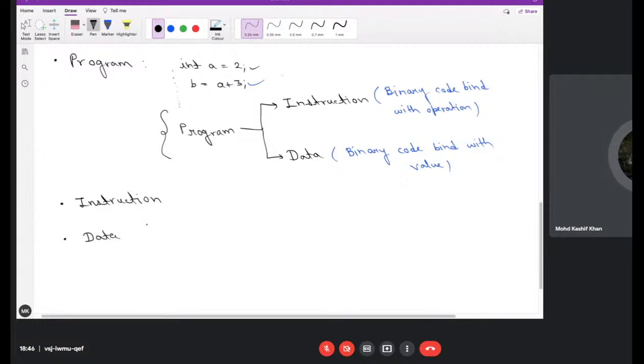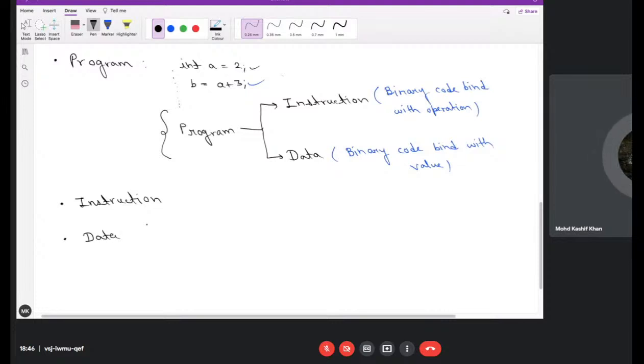It is a binary sequence which is associated with a value based on the data format.